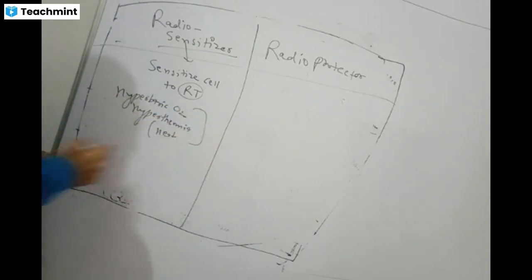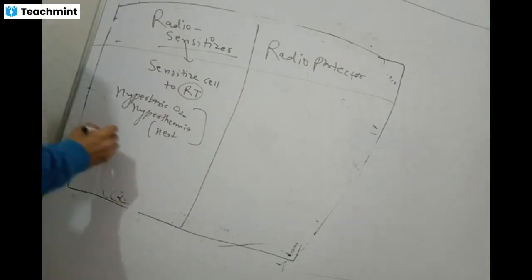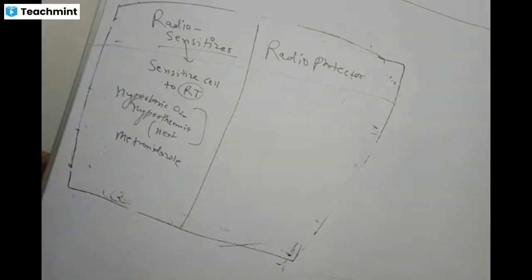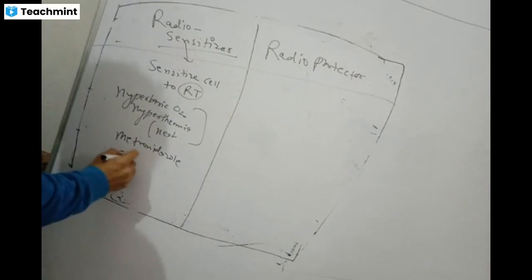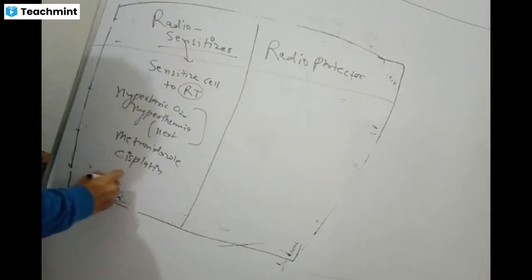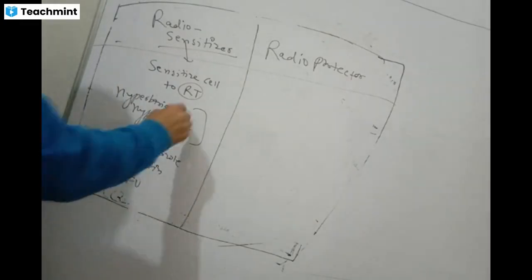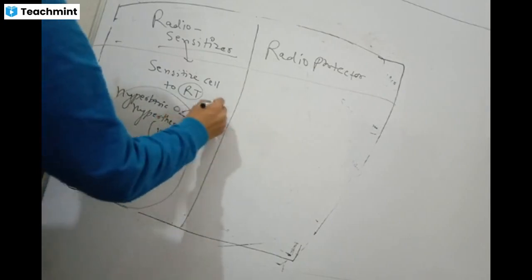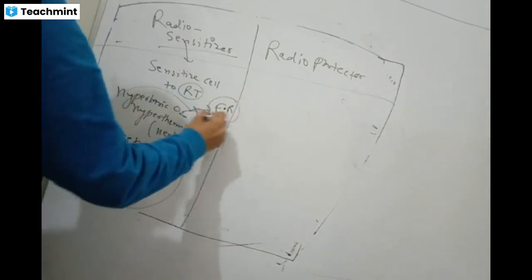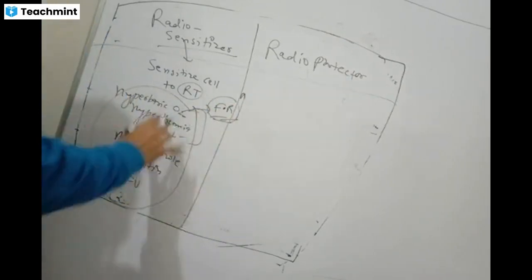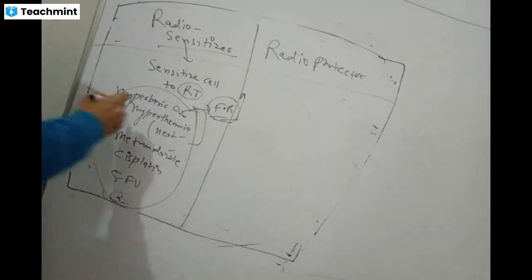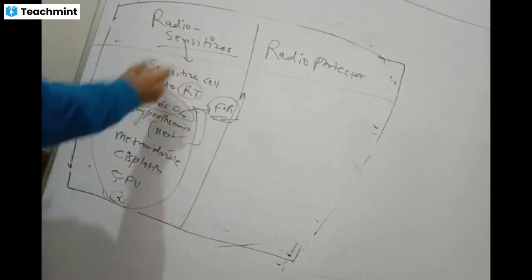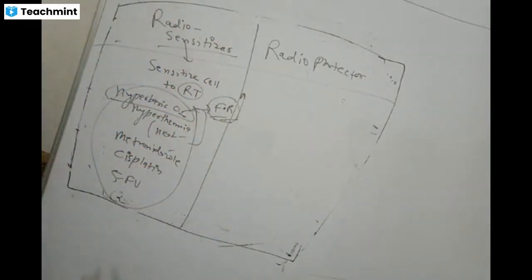Hyperthermia means heat. These two are radiosensitizers. Another is metronidazole, and cisplatin, 5-FU. Their main mechanism, all these drugs, oxygen, heat, metronidazole, they help in generation of more and more free radicals. More free radicals will kill the cell. Hyperbaric oxygen helps in generation of oxygen free radicals. So they will make the tumor cell more sensitive.